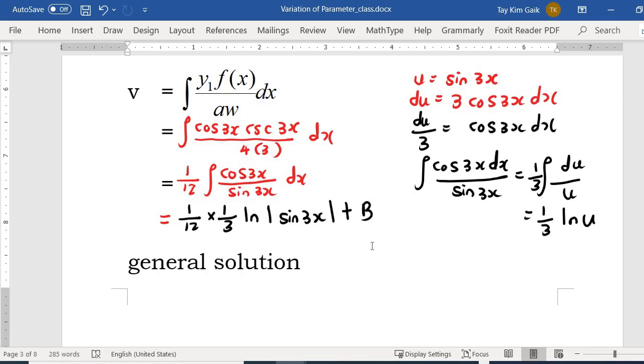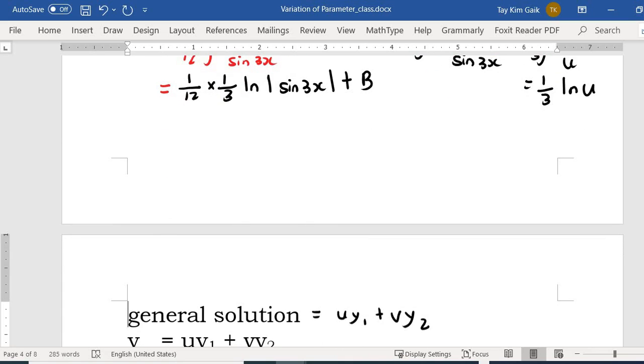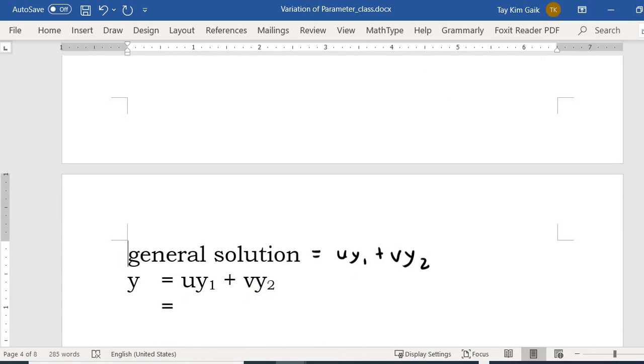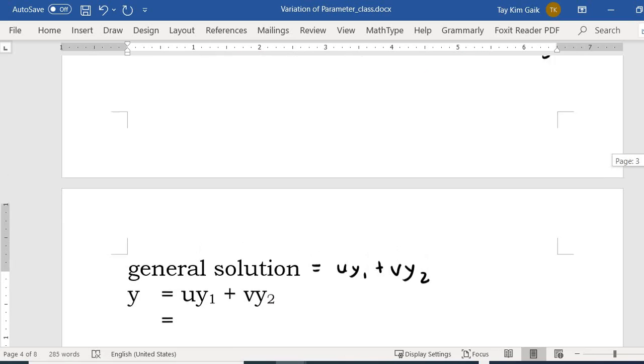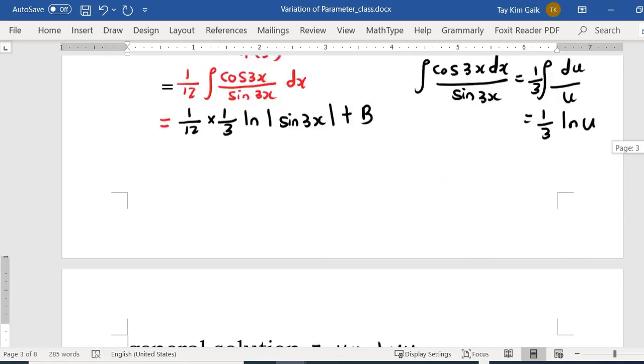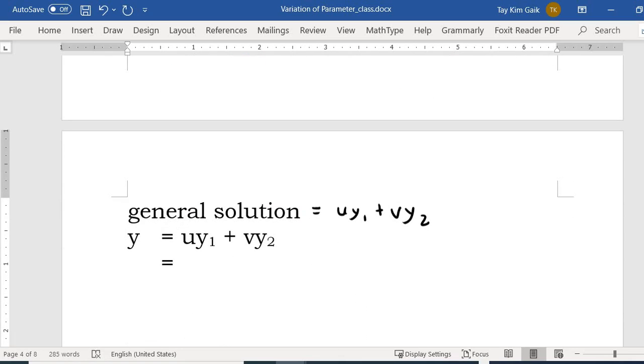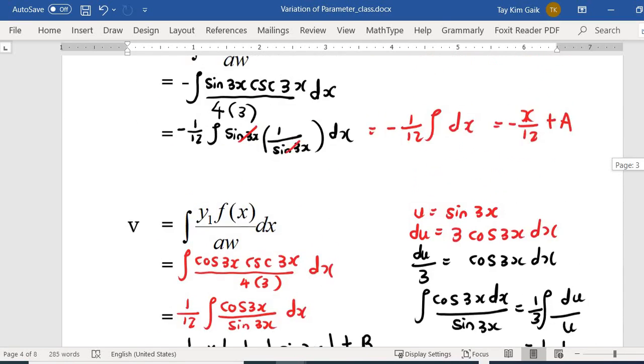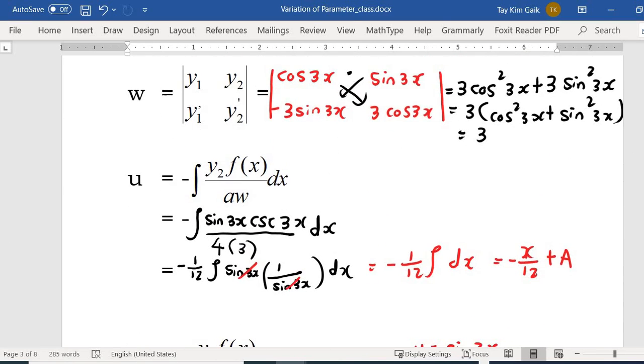After that the general solution will be u y1 plus v y2. So put back the u that we obtained: negative x over 12 plus a, times y1. Looking back at step 2, y1 is cos 3x.